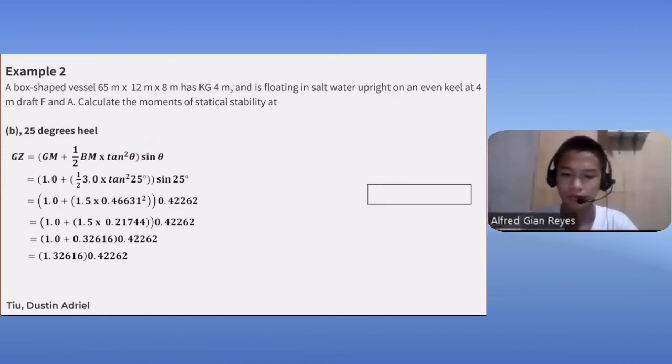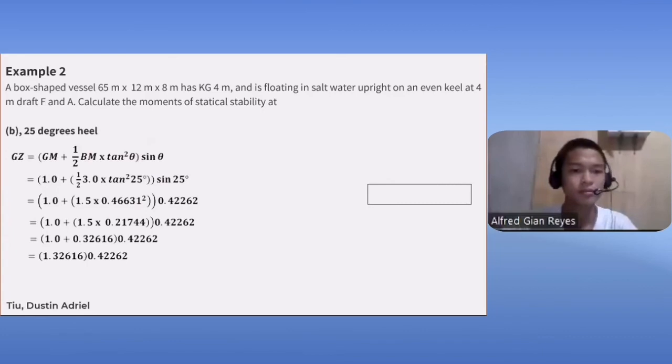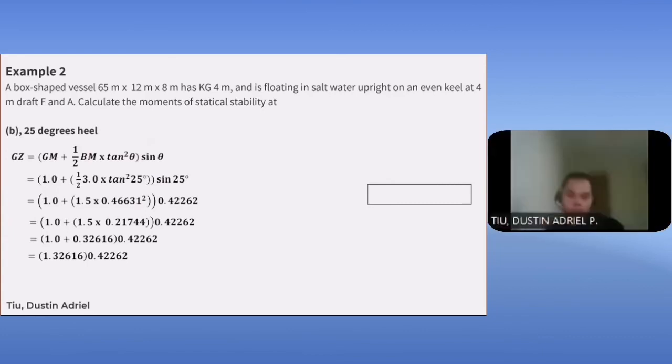Our GM is 1.0, then the degree is 25 degrees. So tan 25 degrees is equal to 0.46631. Then sine 25 degrees is equal to 0.42262. 1/2 times 3.0 is equal to 1.5.